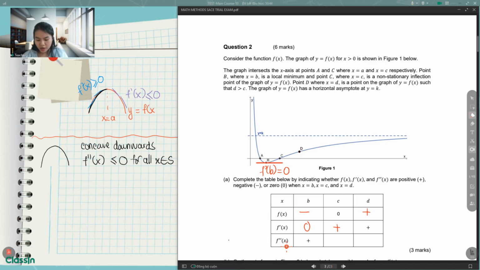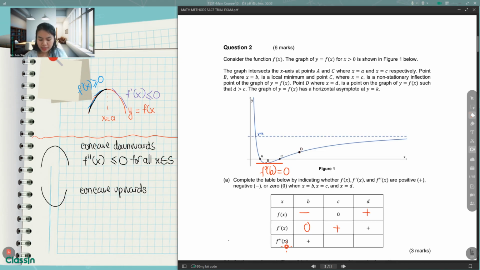And this is concave upwards. If the graph is concave upwards on an interval S, then the second derivative f''(x) would be greater than or equal to 0 for all x belonging to that concave upwards interval.